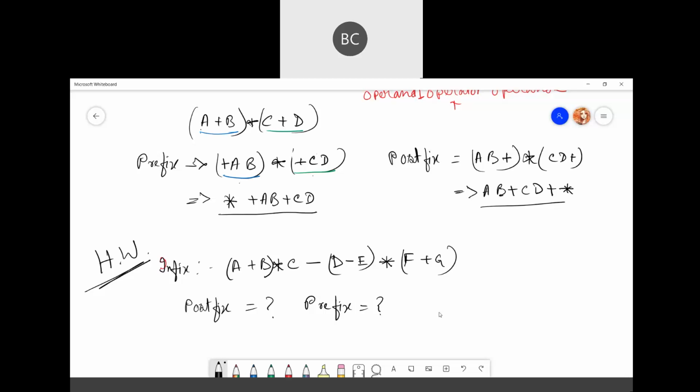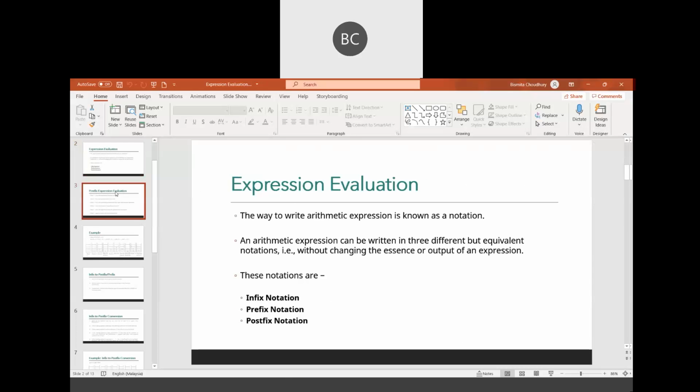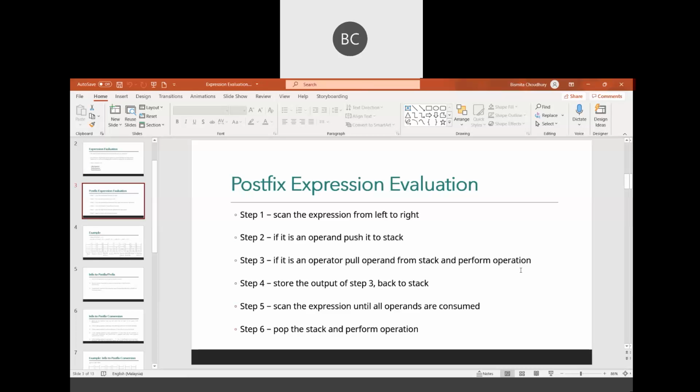Okay, so this is the normal way. Now we will see how we use a stack to evaluate these expressions. Our main thing is to evaluate with the help of a stack. So let's come to the part infix evaluation.